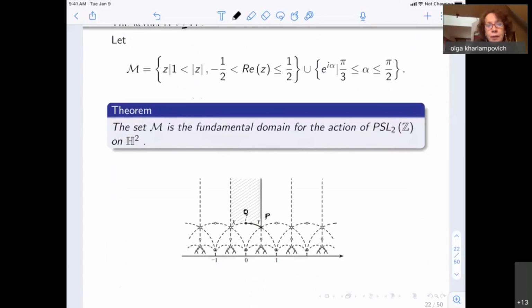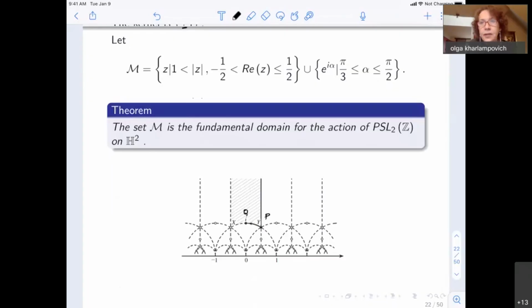It consists of points whose absolute value is greater than 1 and whose real part is between minus 1/2 and 1/2. This line is included, and this half line is included.